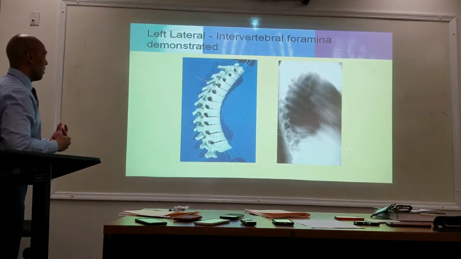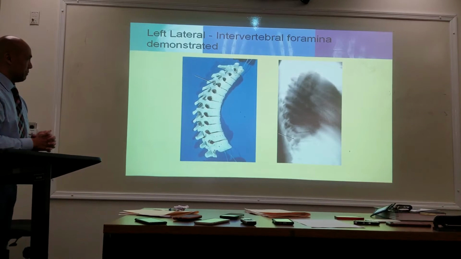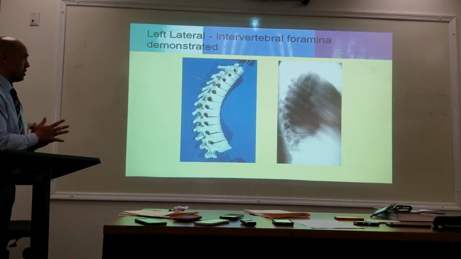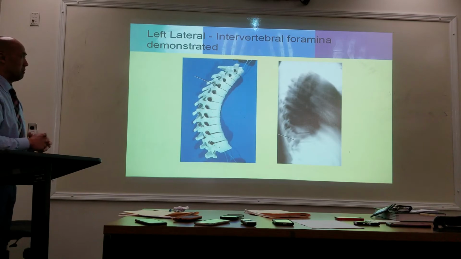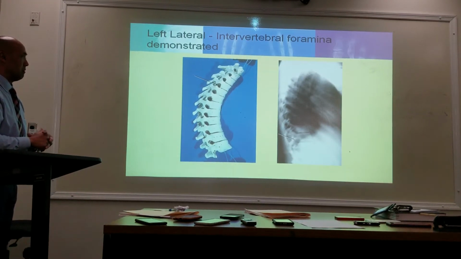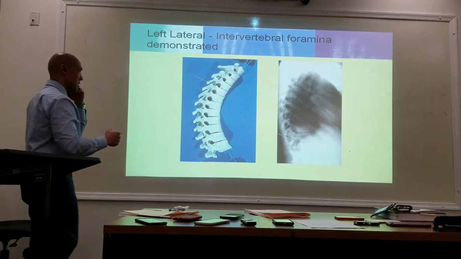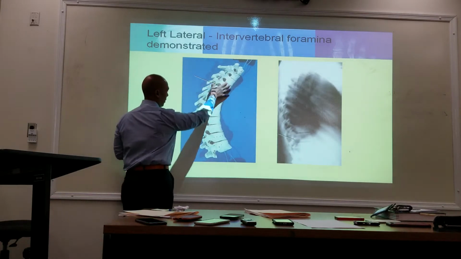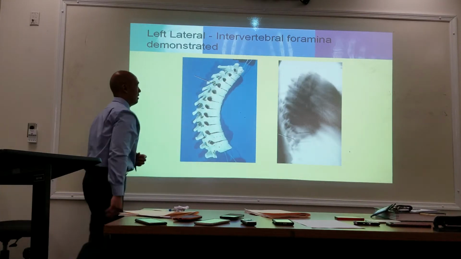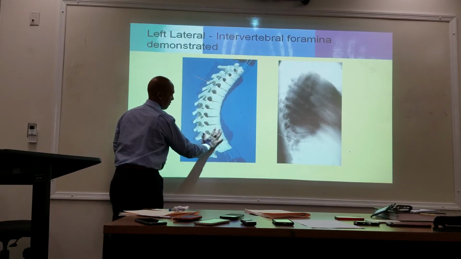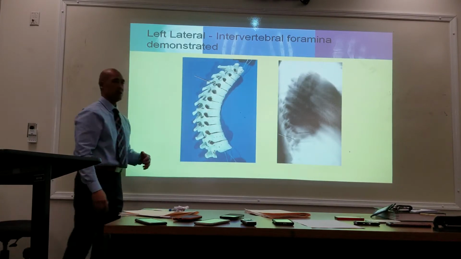For the intervertebral foramina, it's going to be a lateral projection. And this is also a good picture because it shows how the vertebrae go from thin to thick as they make their way down: typical cervical up here, thoracic here, and then typical vertebrae down the lower back.